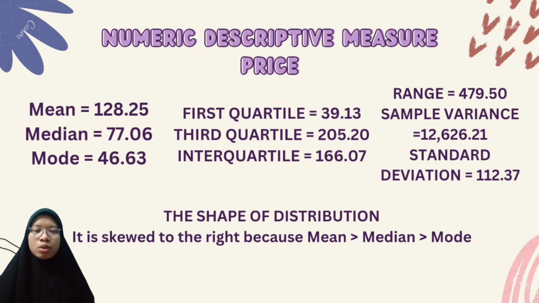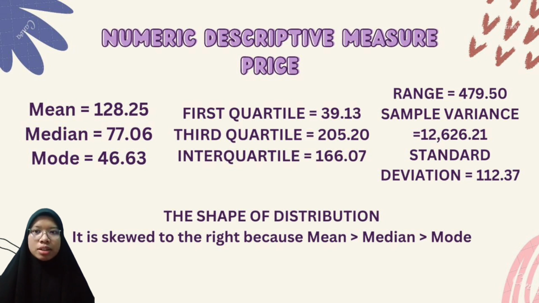When we apply the formula third quartile minus first quartile, the interquartile range we obtain is 166.07. Third, we have the range, which employs the formula maximum data entry minus minimum data entry, giving us 479.5 as the measure of variation.